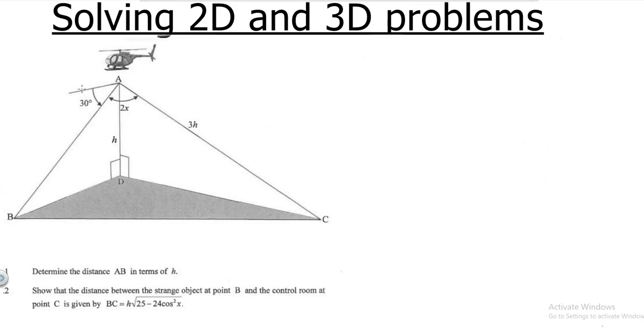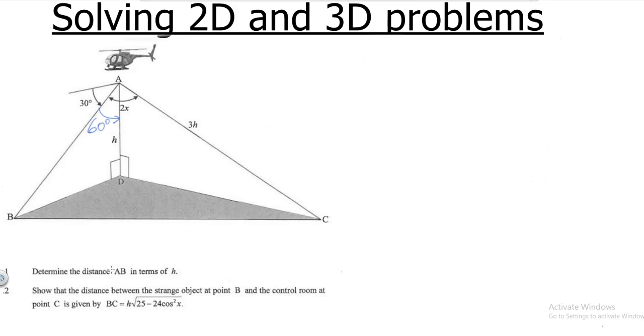Since these two are parallel, the direction of the plane, this is the direction of the helicopter, this angle also should be 90 degrees. So if this is 30 degrees, this remaining angle here will be 60 degrees.